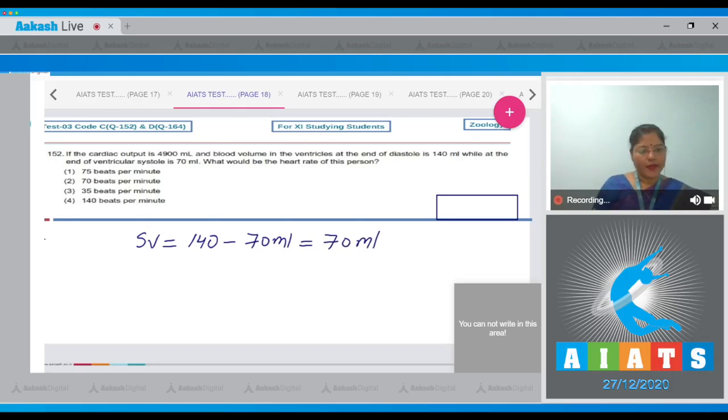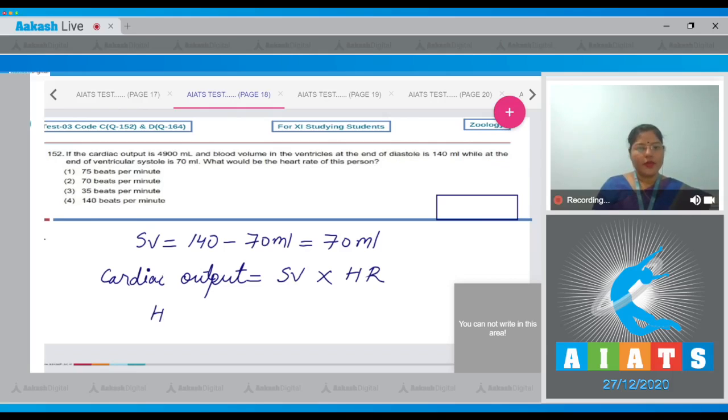And we know that cardiac output is equal to stroke volume multiplied by heart rate. Cardiac output given is 4900 ml. Stroke volume is 70 ml.